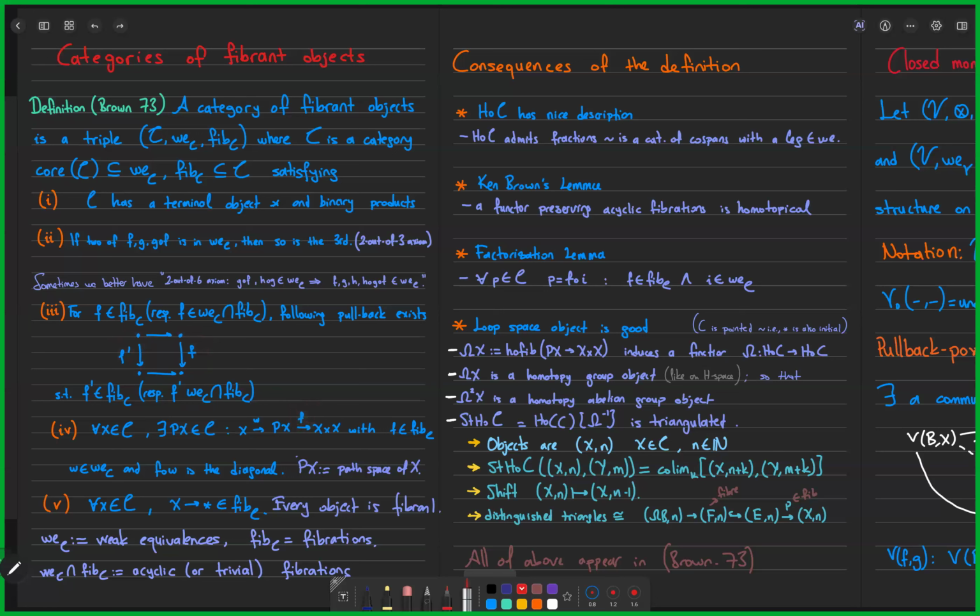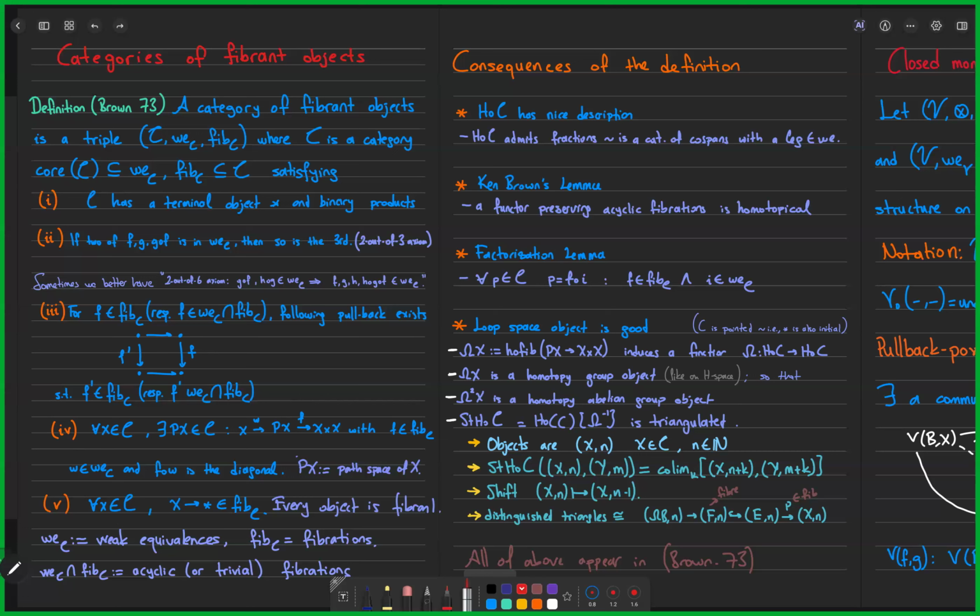These path spaces are used for defining the homotopy relation, just as usual. And the unique map from X to the terminal object must be a fibration. In other words, every object is fibrant, hence the name category of fibrant objects.